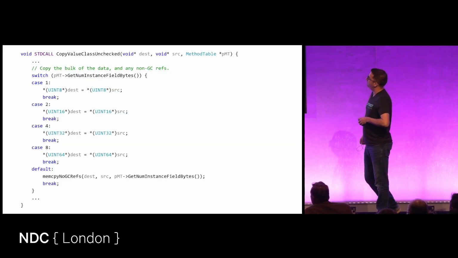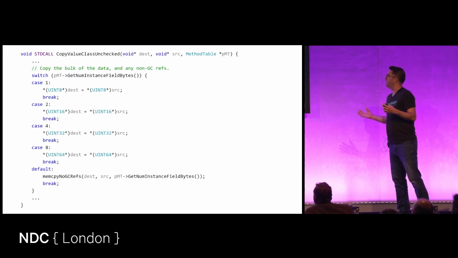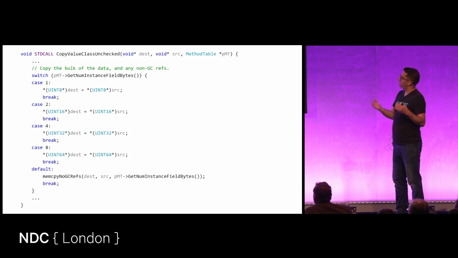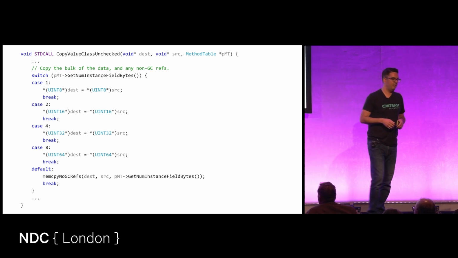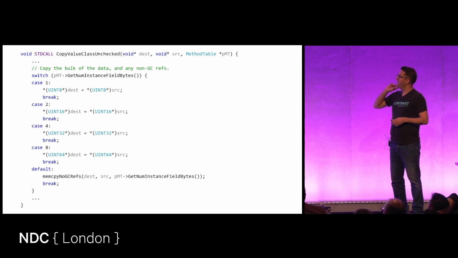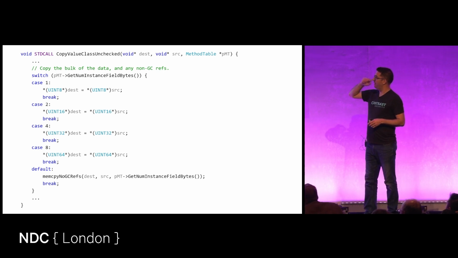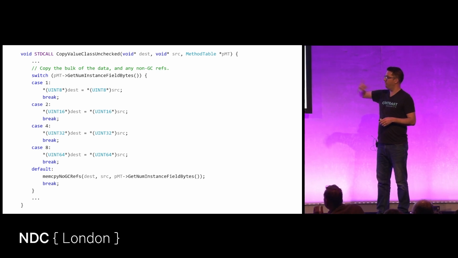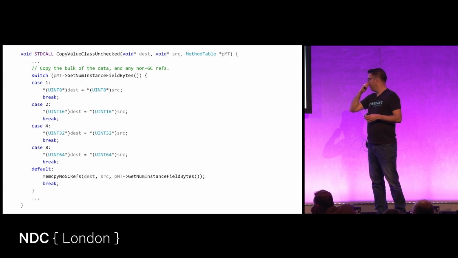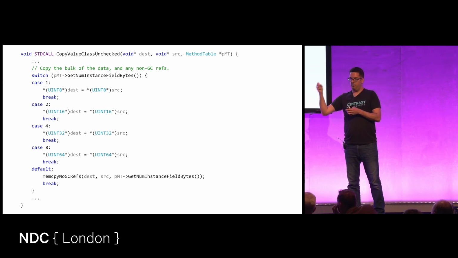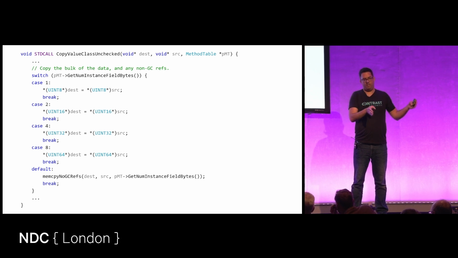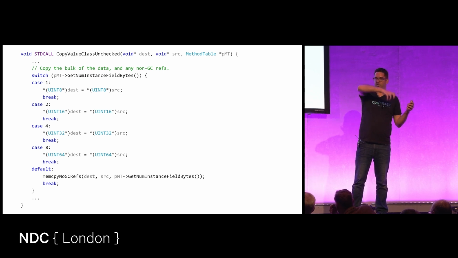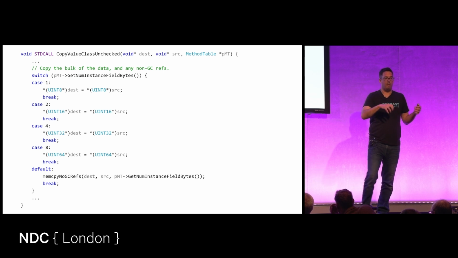To give an idea of some of this code, essentially, it is copying via pointer. If you've ever done any C++, this is the sort of stuff you have to write in C++. But basically, if it's a certain size, so 1, 2, 4, or 8, it will just literally copy. So we're talking about here, you've got your struct, and it's ended up being boxed, and it needs to create a chunk of memory on the heap and put the contents of that struct into the, if you like, into the box.